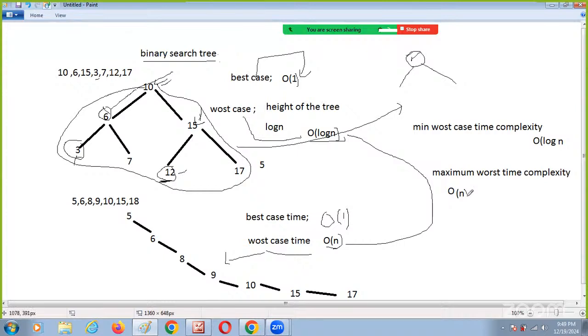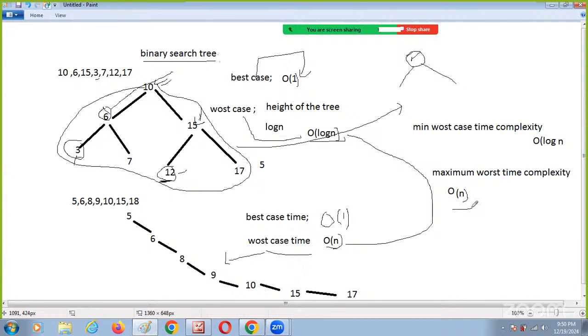Not only this problem, for any problem statement, they can ask like this: what is the minimum worst case time complexity and what is the maximum worst case time complexity? Most of the people will study only up to the best case or the worst case. In the worst case also, what is the minimum worst case, and what is the maximum worst case?